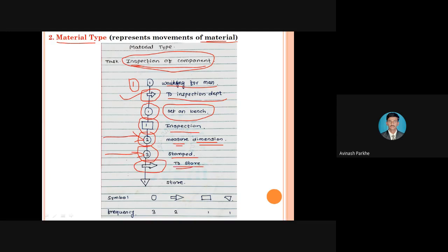So the second last symbol: after the stamping is over, after the inspection is over, your material starts moving towards the storage. Maybe it will be moved by the operator, or maybe through material handling equipment. But we only have to think about the movement of the material from the inspection department to the storage, and at the end your material will be stored.